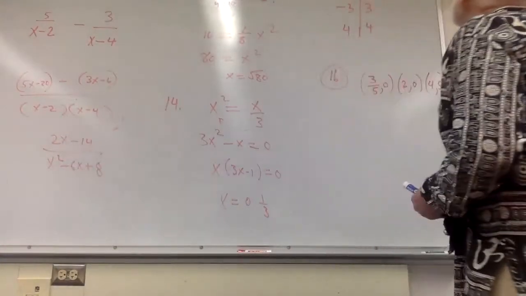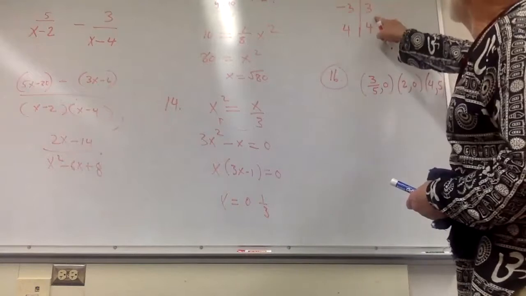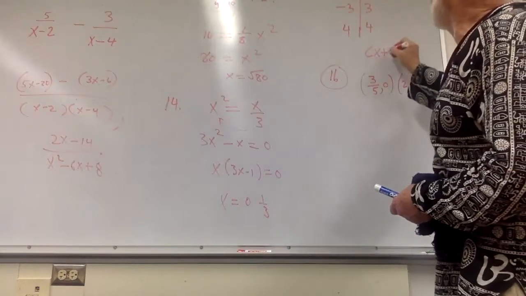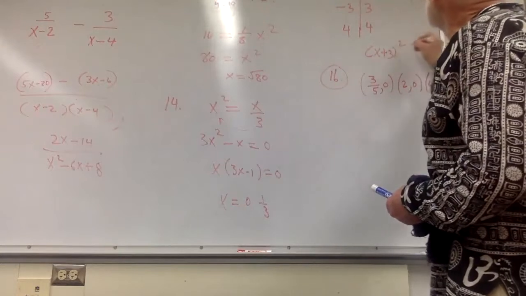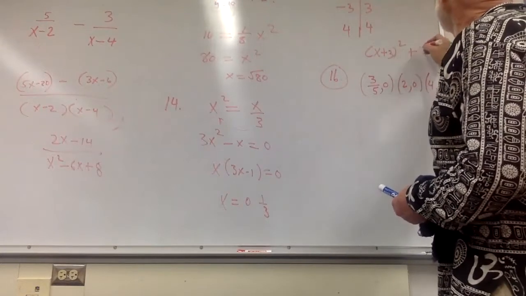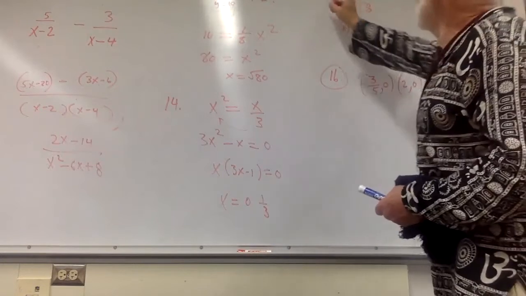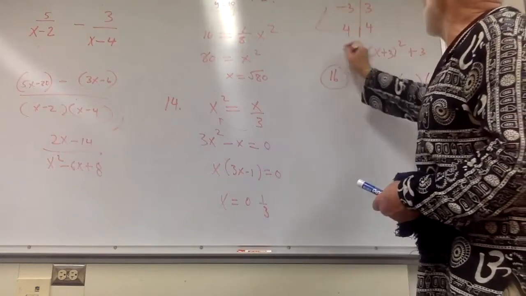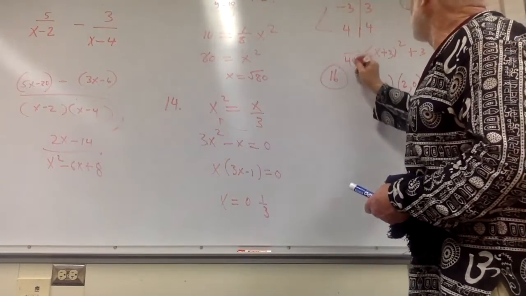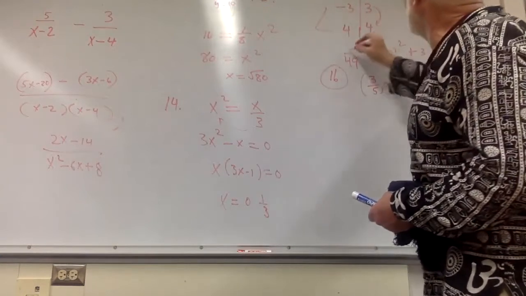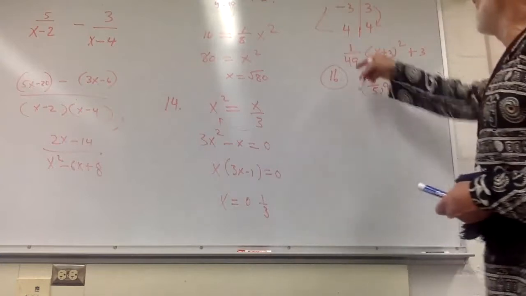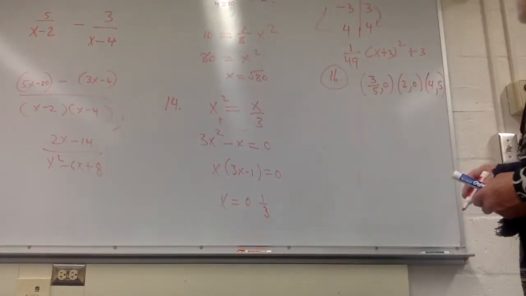Oh, this is the vertex. Okay, so we got ourselves an x plus 3. Can you see? Yes. X plus 3 squared plus 3. And then we look at that, and that's 49 units of change, square area. It's 7 units squared. And from 3 to 4 is up 1. So 1 over 49, x plus 3 squared plus 3.